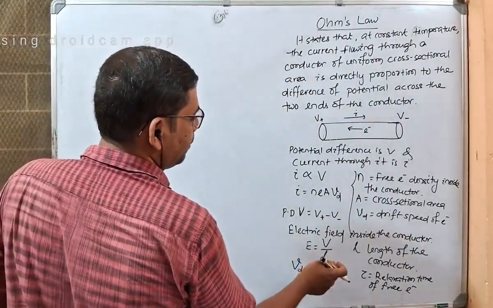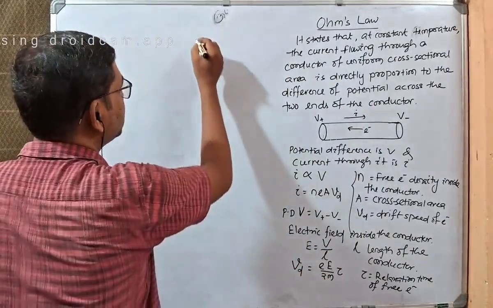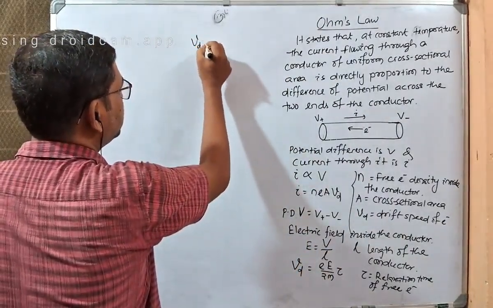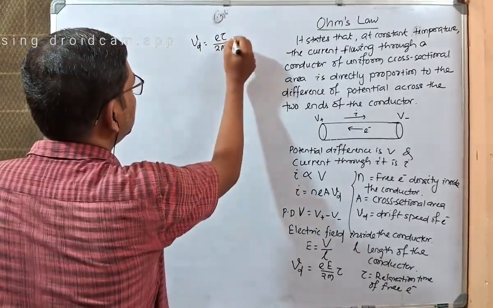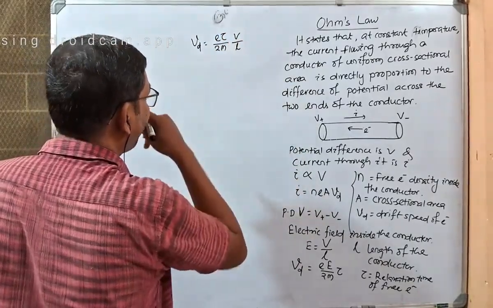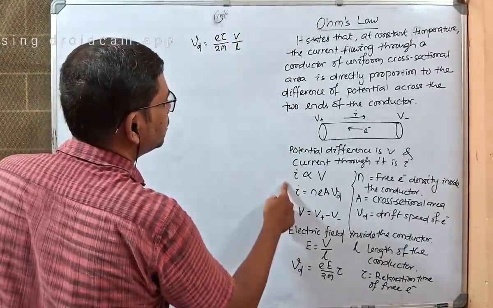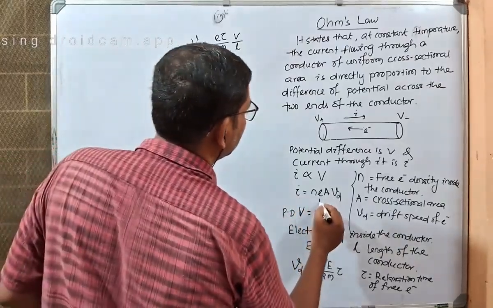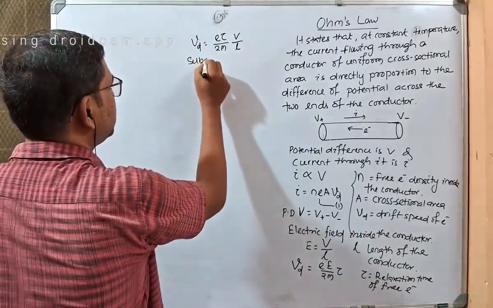In place of E, substitute V by L. So Vd becomes eτ/2m times V/L. Now substitute this Vd into equation 1.